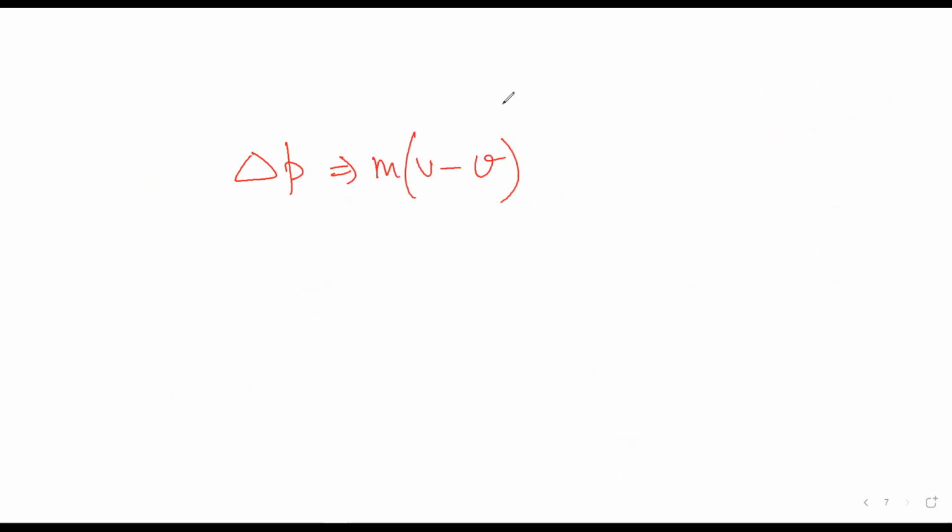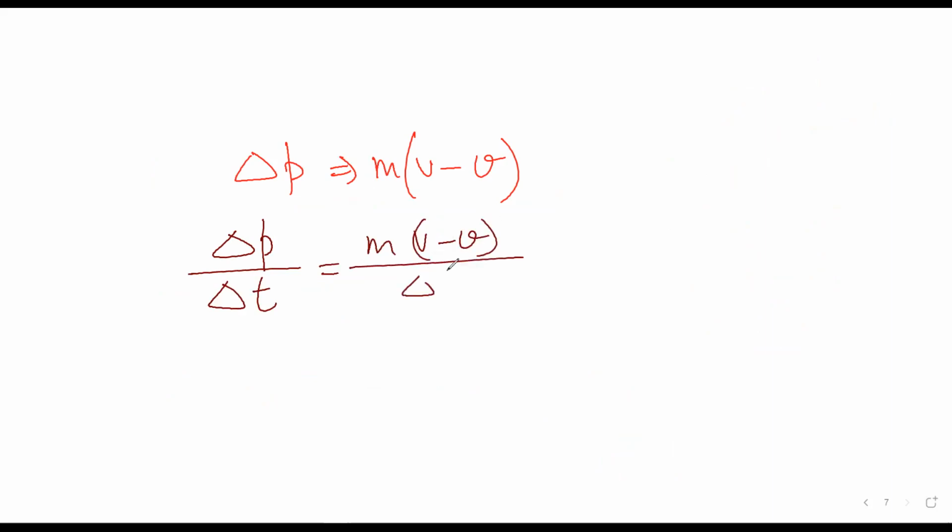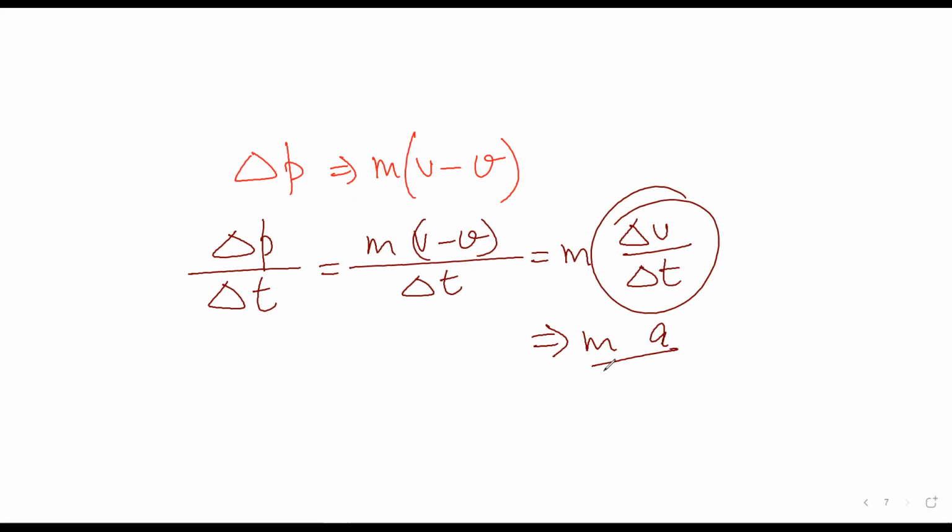Now, if I want to find the rate of change of momentum, I'll have to divide this by delta t. So this would be equal to m times v minus u, whole upon delta t. This would be m delta v upon delta t. And I'm aware that delta v upon delta t is my acceleration.